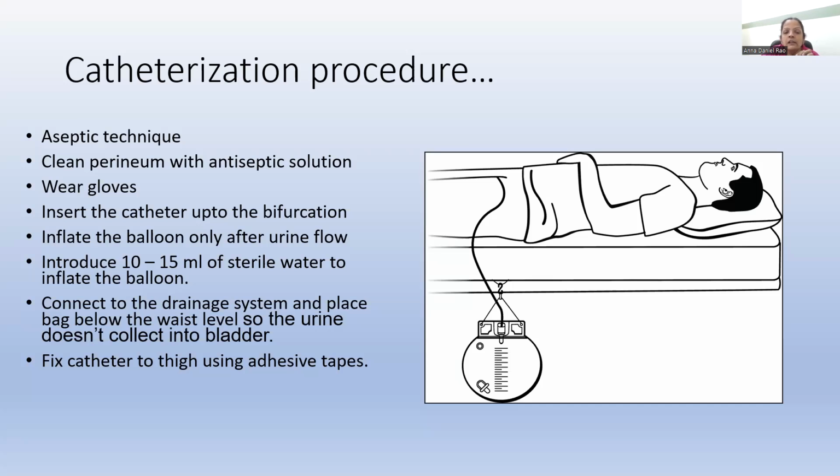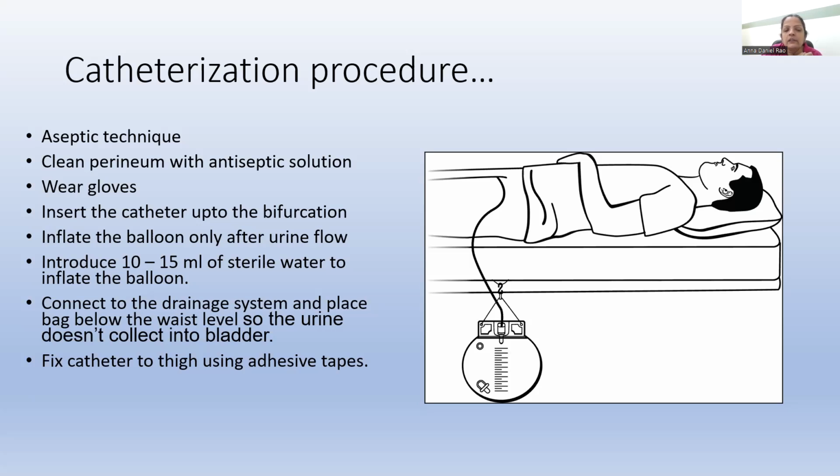Once the urine comes out freely, then inflate the balloon. For inflation of the balloon, insert 10 to 15 ml of sterile water. That should be enough. Do not insert too much, otherwise the patient will always have a feeling of pressure at the meatus. So that should be seen.